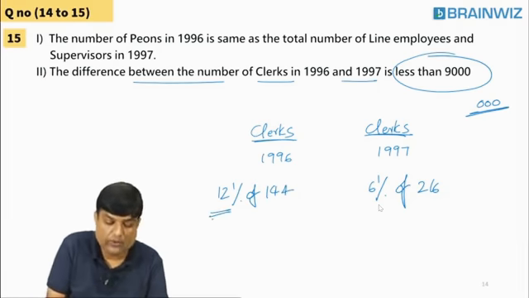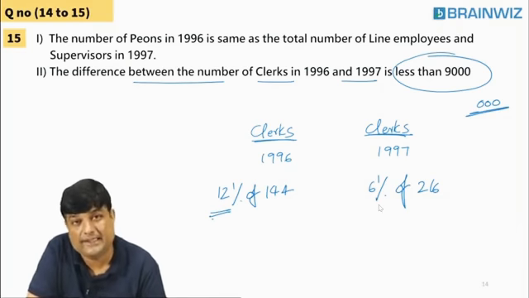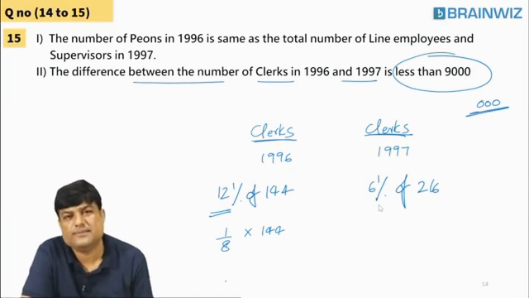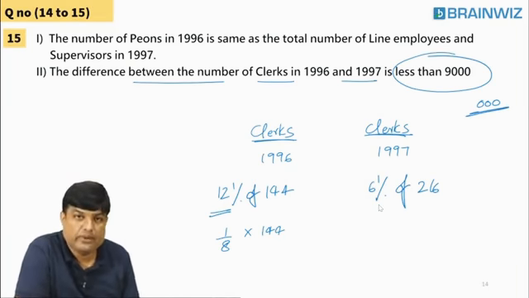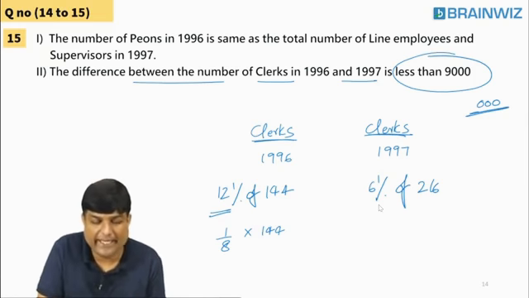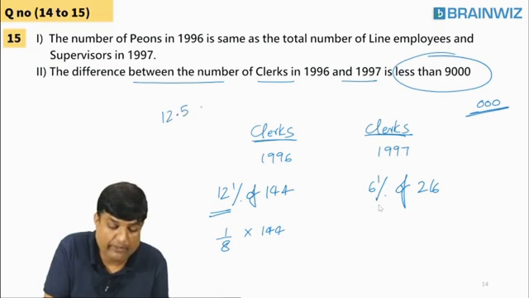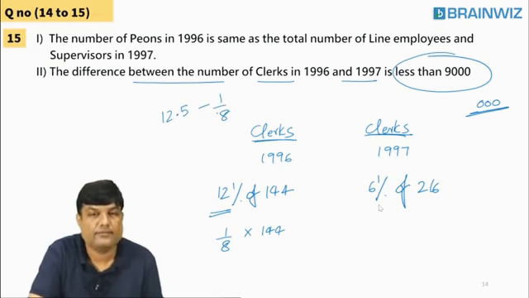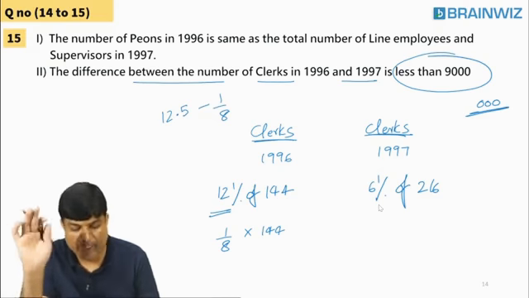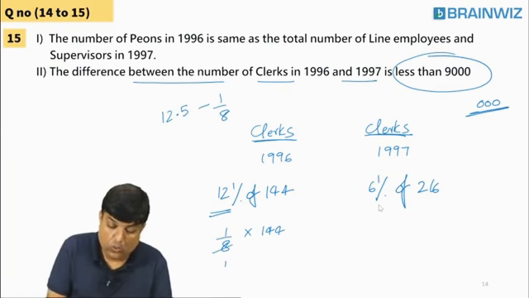So 12% I want. 12% is nothing but 1/8. You all know that, guys. 1/8 of 144. Let's check it. 12% is not exactly 1/8, guys. 12.5% is 1/8, but I'm taking 12% as 1/8 for a round figure. 8 ones are 8.